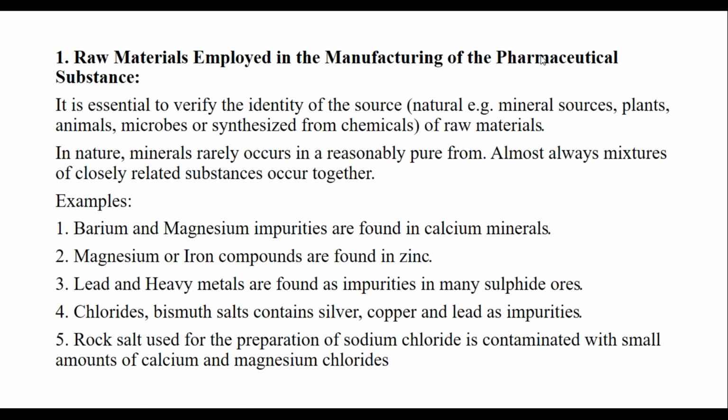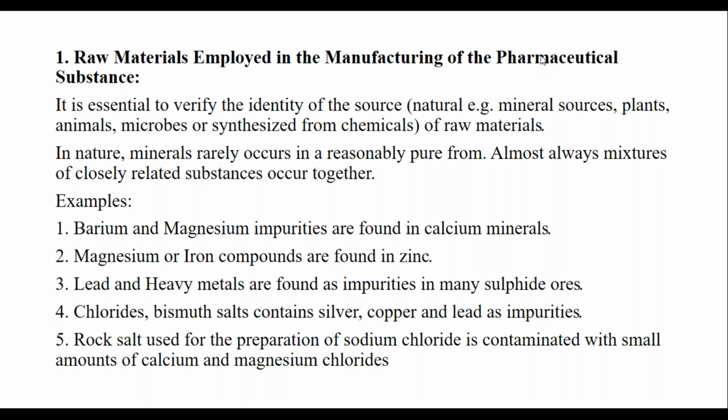Okay, so naturally, mineral sources, plants, animals, microbes, or sometimes synthesized chemicals are used as the raw materials. So now in nature, minerals rarely occur in a reasonably pure form, and therefore almost all mixtures of closely related substances occur together. So look at some of the examples here.